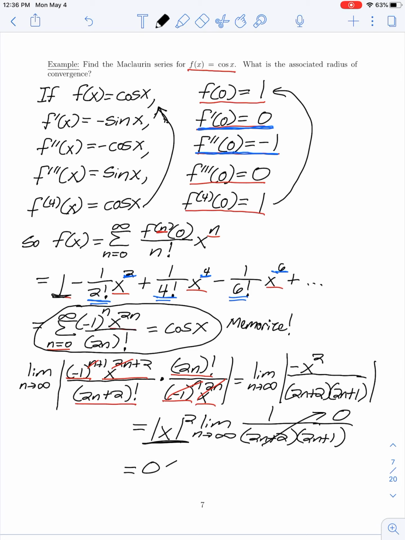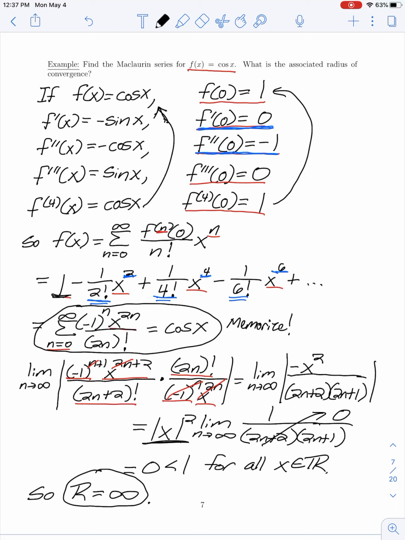So we get a 0 limit, which is less than 1, for all values of x, which are real numbers. So that implies that our radius of convergence for this power series is again infinite. So we can represent the cosine function, cosine of x, in terms of this Maclaurin series for any value of x that we want.